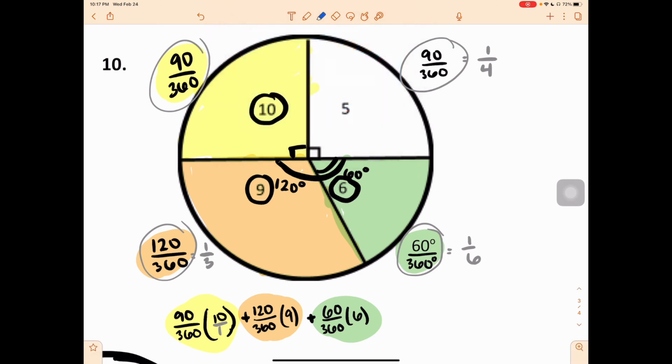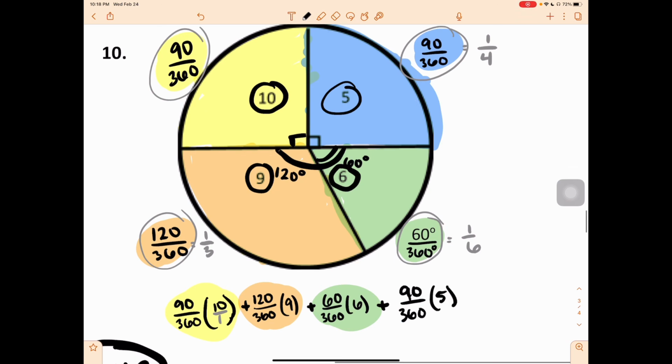All right, and then the last one here is a 90-degree portion of the circle. Oh, sorry, I went way outside the lines there. Okay, and that one is worth 5. All right, so we're going to take that part, 90 out of 360, multiply by its value, 5, and this is going to give us our expected value.